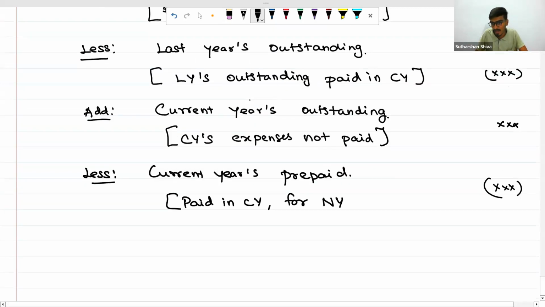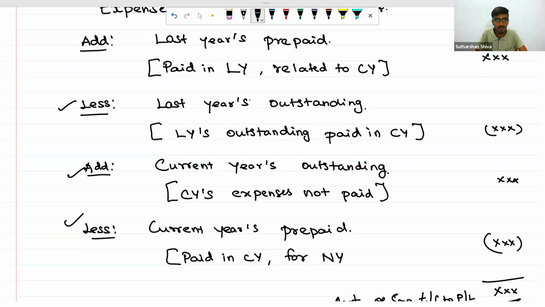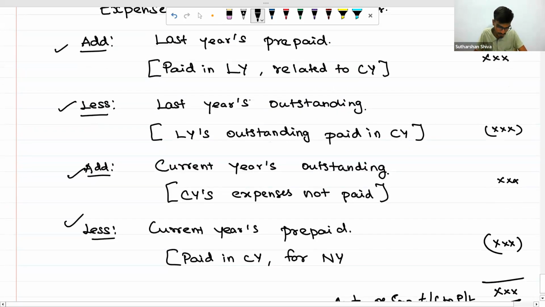Finally, some value will come. That value is known as the amount of expenses transferred to profit and loss account. Are you able to understand this expenses part? This entire thing will be given in adjustments. This will form part of your adjustments.